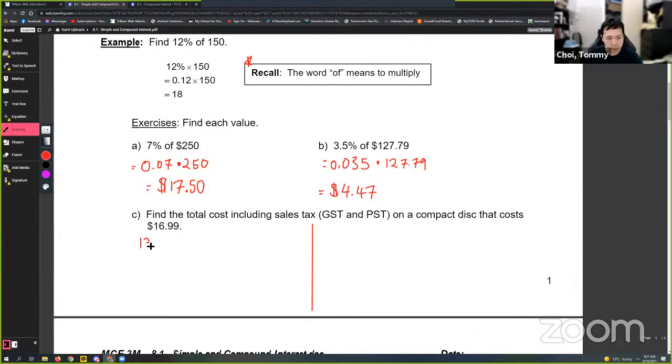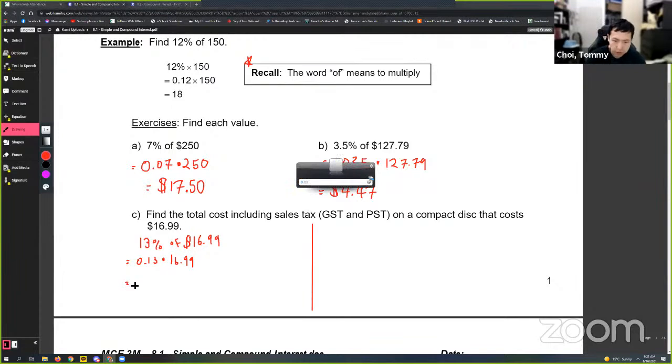So the first way is to say, oh, I'm going to find 13% of $16.99, which gives us 0.13 times 16.99. And that's going to give us 2.21 rounded.